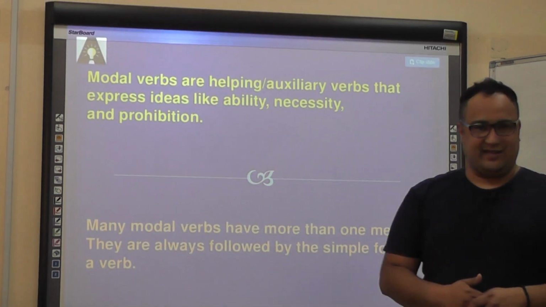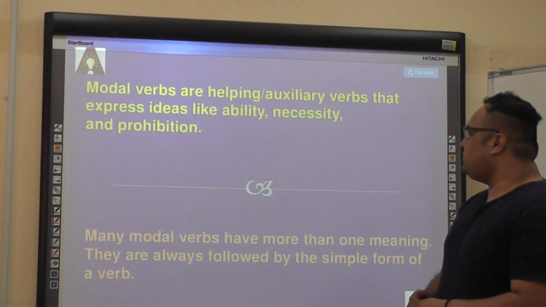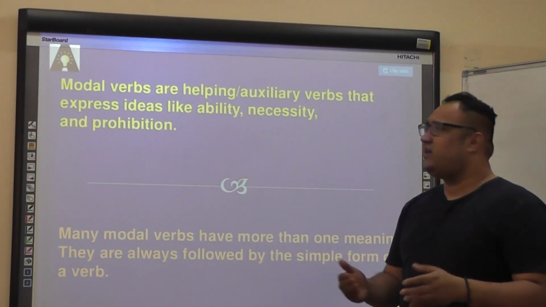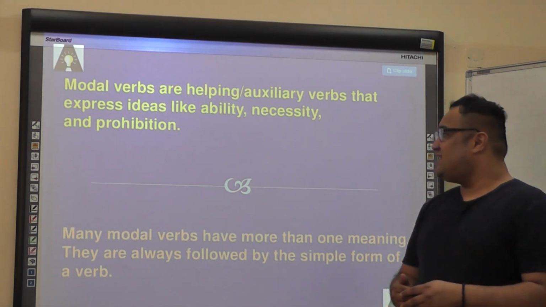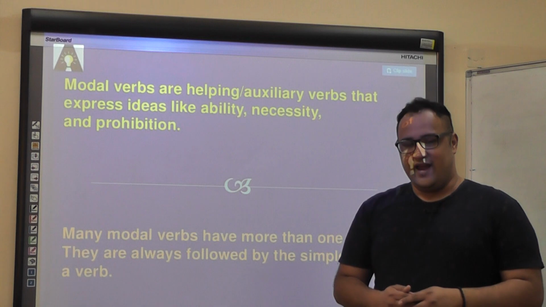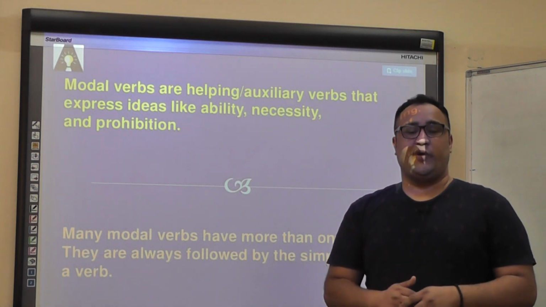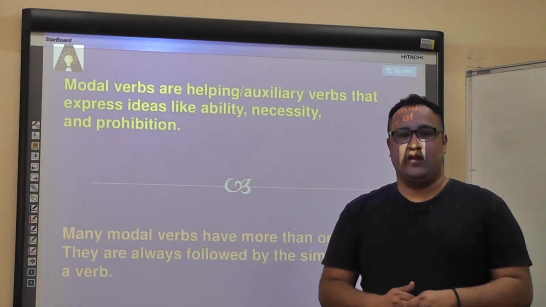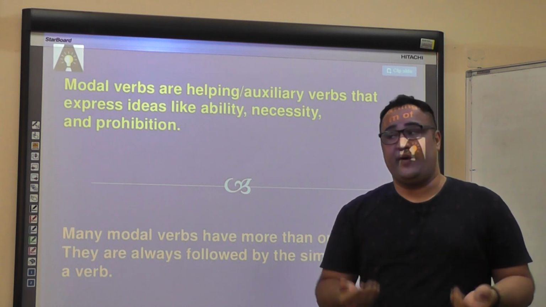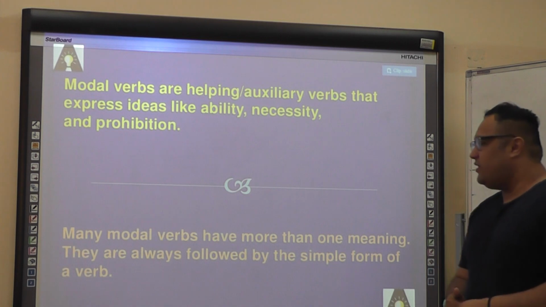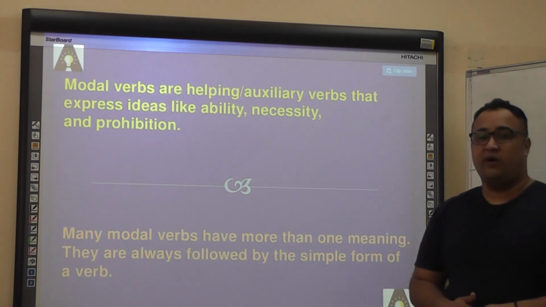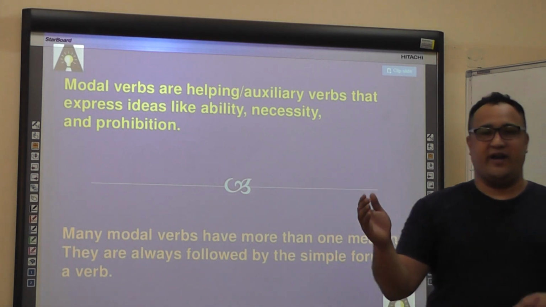So what are modals? Modals are verbs, or helping verbs, or auxiliary verbs that express ideas like ability, necessity, and prohibition. Now, there is something very important whenever we use modals, whenever we speak or write. Many modal verbs have more than one meaning. They are always followed by the simple form of the verb. So what is that?